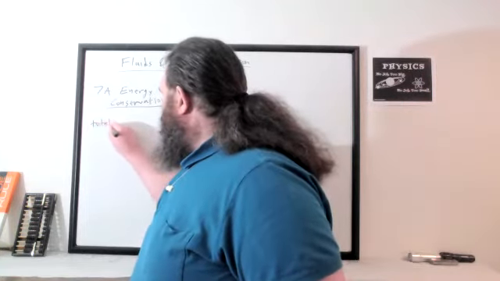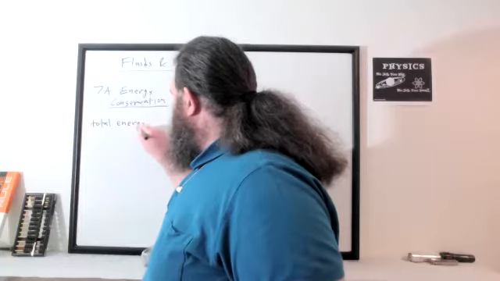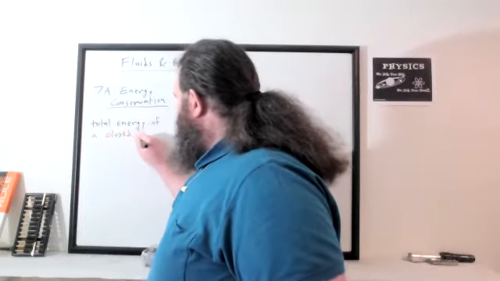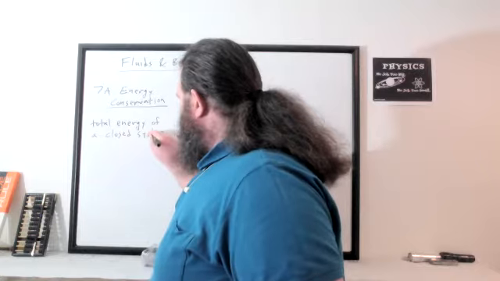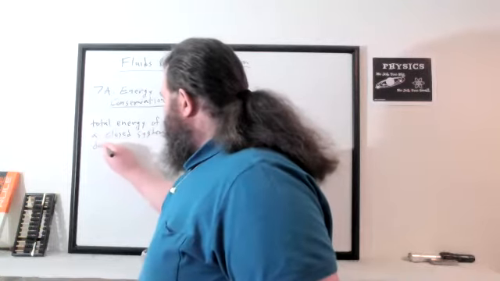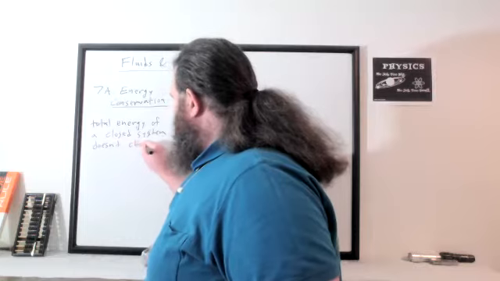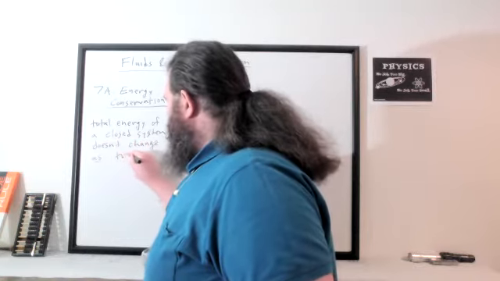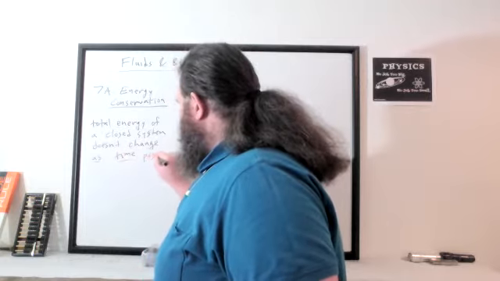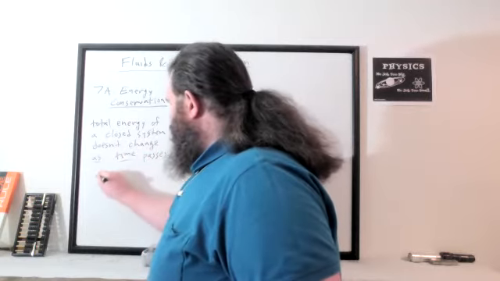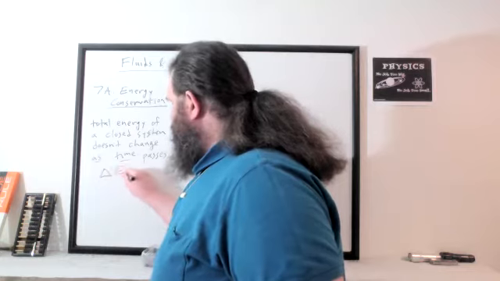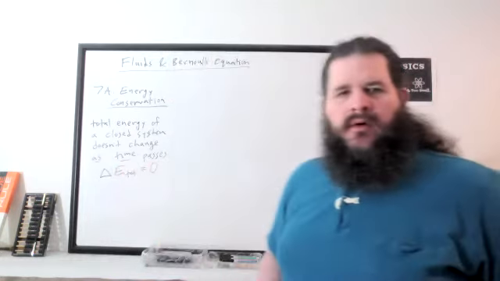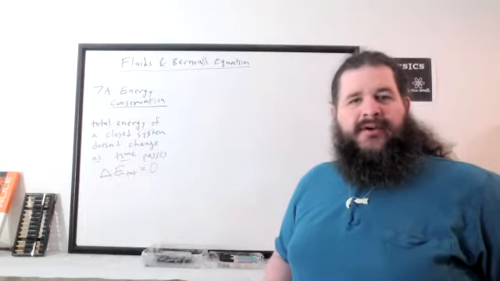Total energy of a closed system doesn't change as time passes. In other words, delta E total equals 0. Or alternatively, how would we modify that for an open system?